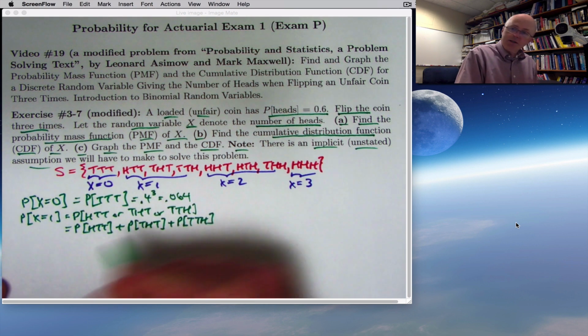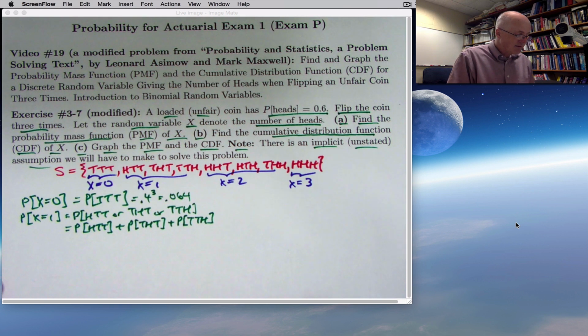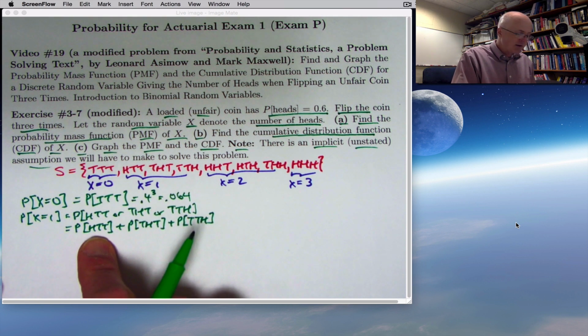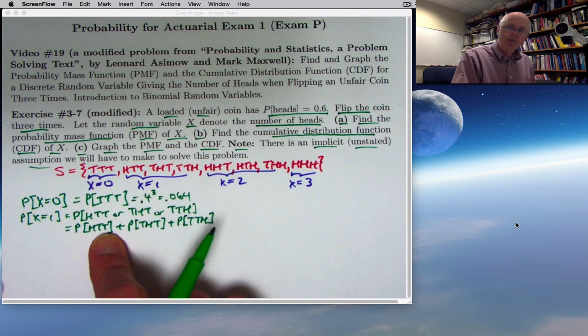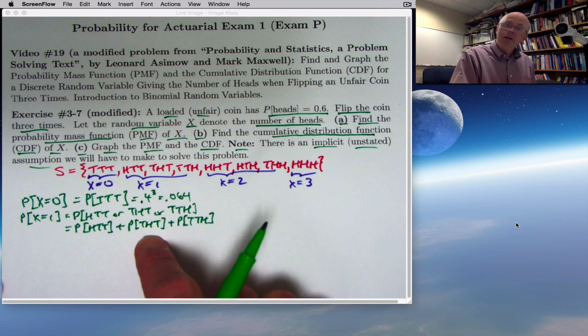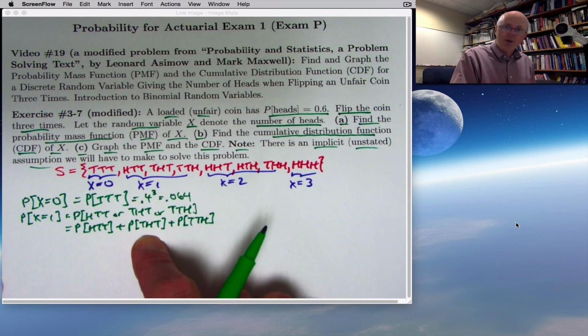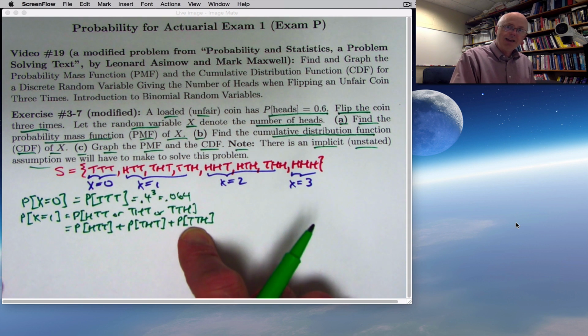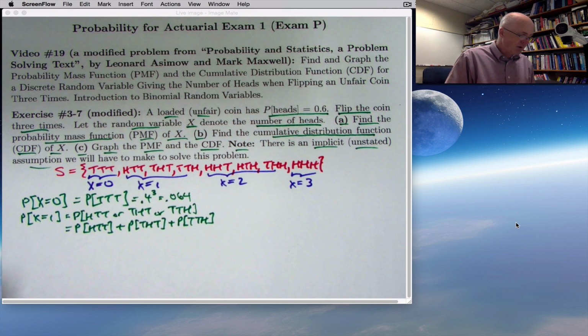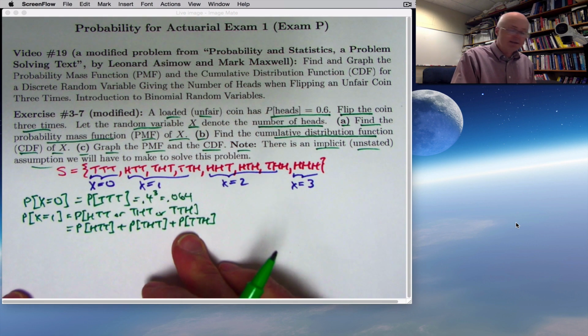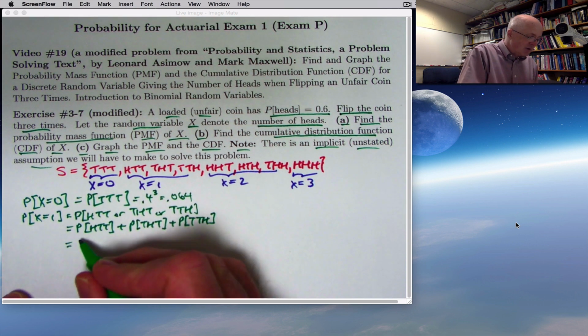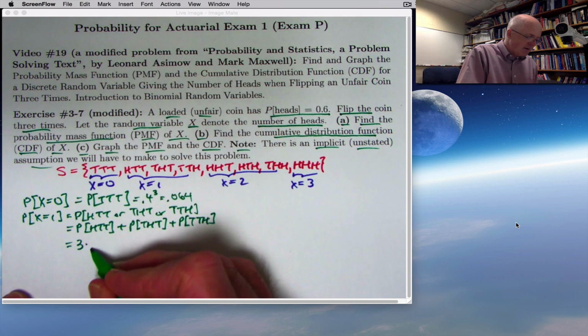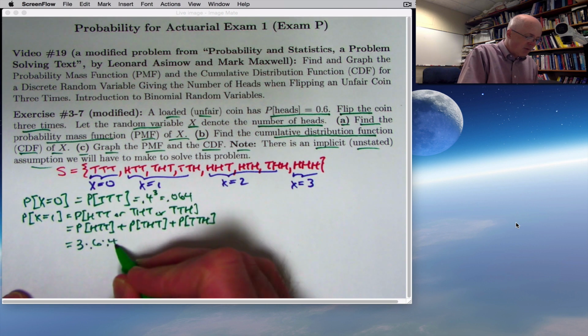Then for each of these, you use the assumption of independence to multiply the probability of heads times the probability of tails times the probability of tails. And then with this one, multiply the probability of tails times the probability of heads times the probability of tails, etc. And multiplication is commutative. It doesn't matter what order you do those in. All three of these are going to be the same number. And the answer is going to be 3 times, think about it, 0.6 times 0.4 squared, right?